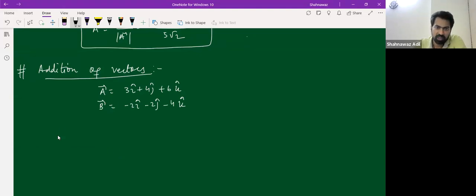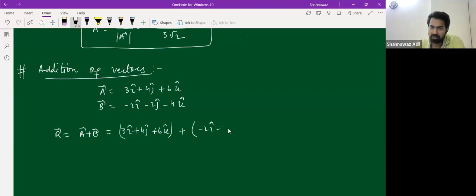So addition would be A plus B. So A plus B would be 3i plus 4j plus 6k plus minus 2i minus 2j minus 4k. So this would be how much? 3i minus 2i is i hat. 4 minus 2 is 2j. And 6 minus 4 is 2k. So this is the addition of vectors.